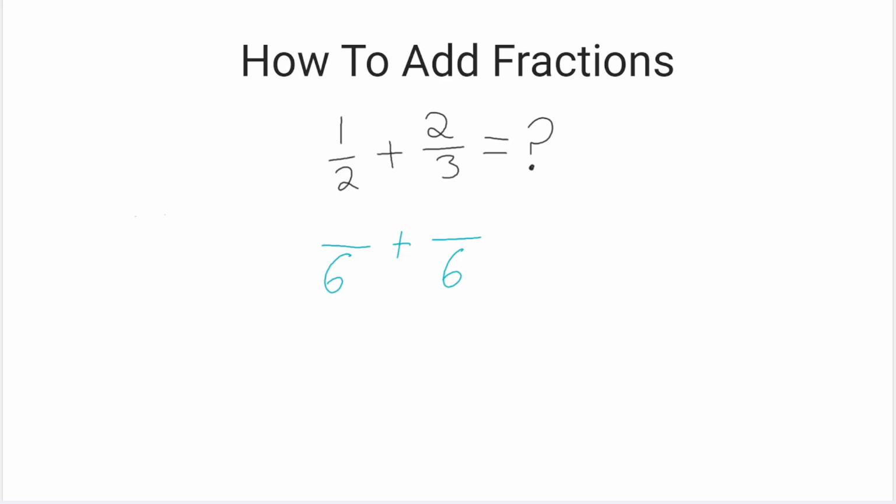Pretty much changed our numerators to represent the equivalent of the original fraction. So 1/2 became our 3/6, 2/3 became 4/6, dropped down our equals, and then we added our two top numbers, kept the bottom the same.